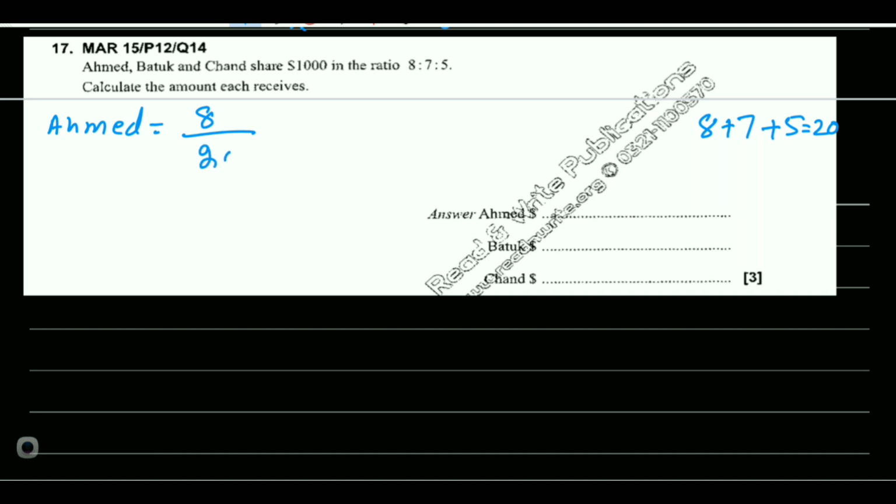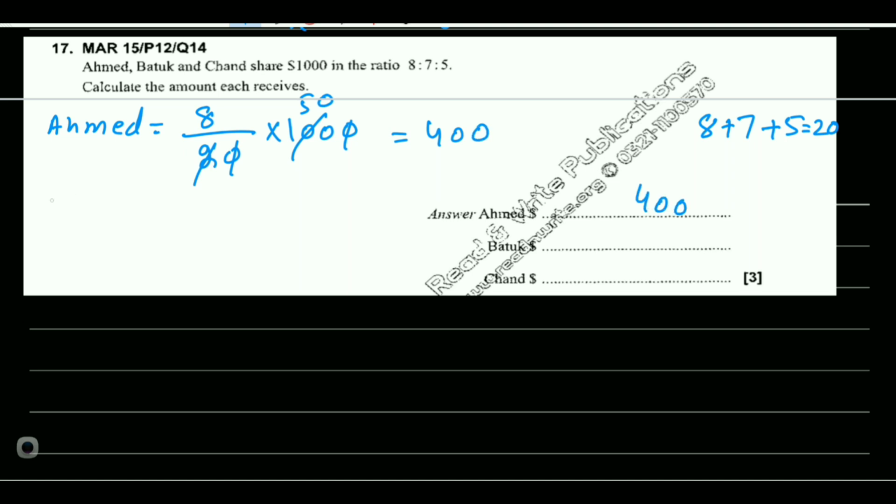So Ahmed's ratio will be divided by the total ratio and multiplied by the given amount. This is the method for this type of question. 2 cancels with 0, 0 with 0, and the answer is 400. So Ahmed's answer is 400.